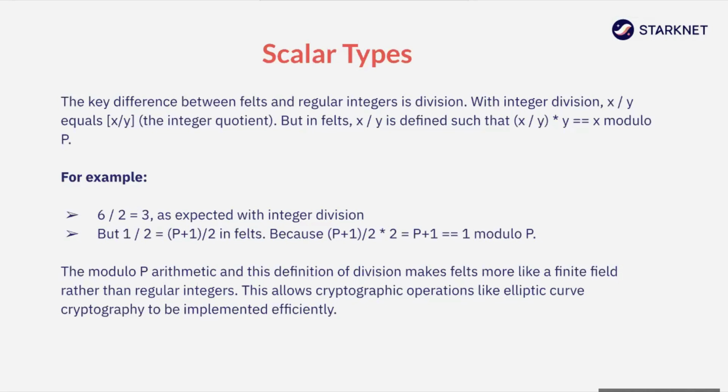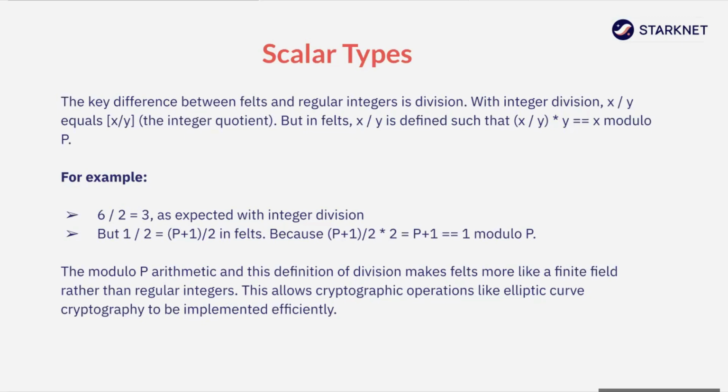So I stated here that the modulo P arithmetic and this definition of division make felt more like a finite field rather than a regular integer. So it's actually not a regular integer, right? This allows cryptographic operations like elliptic curve cryptography to be implemented efficiently.